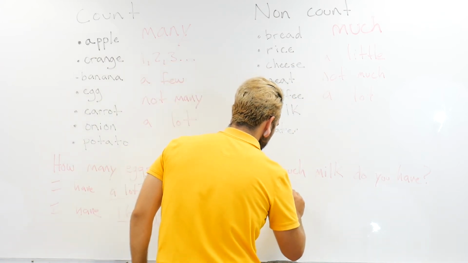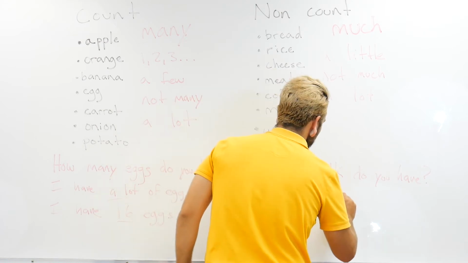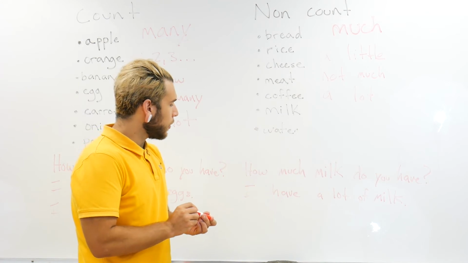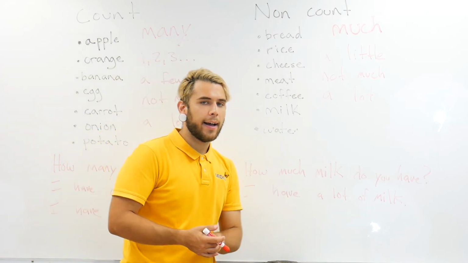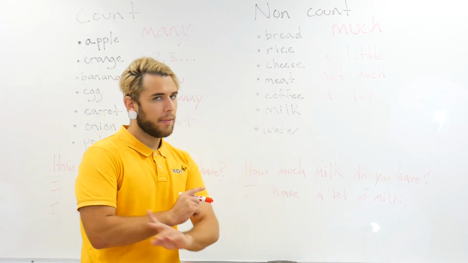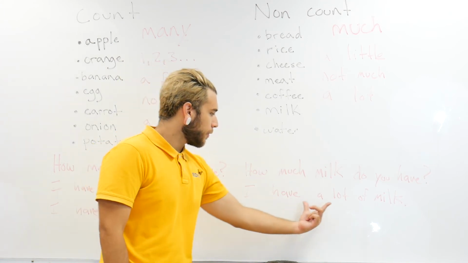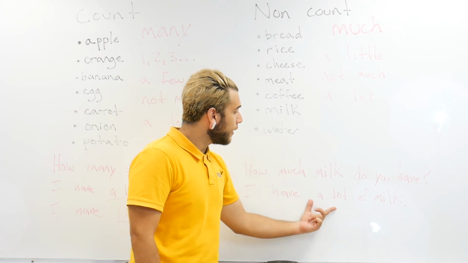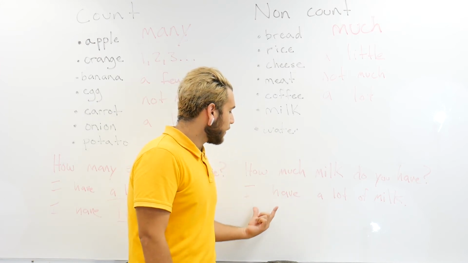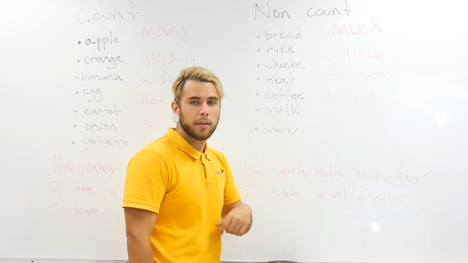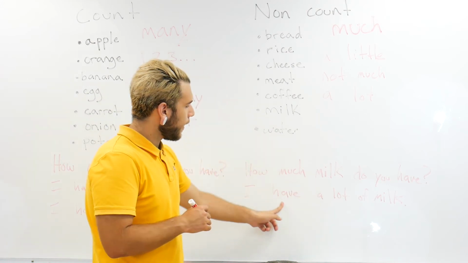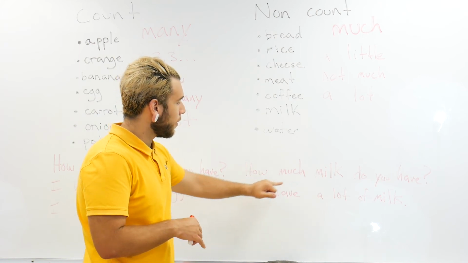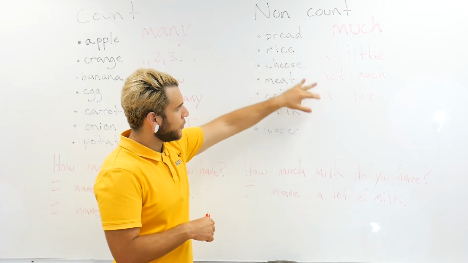I have a lot of milk. You don't say I have 3 milk, I have 5 milk, I have 1 milk. That is not okay. You use this phrase a lot. I have a little milk. I don't have a lot of milk. Things like that. So again, that's how you answer a question with much.